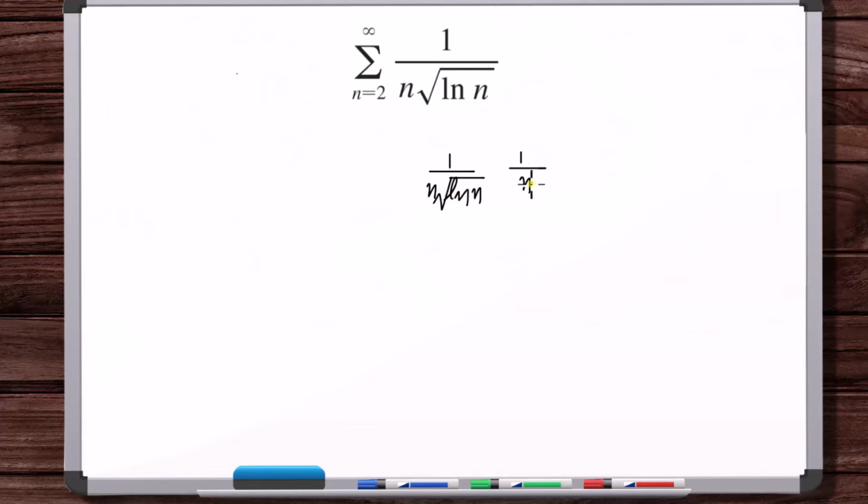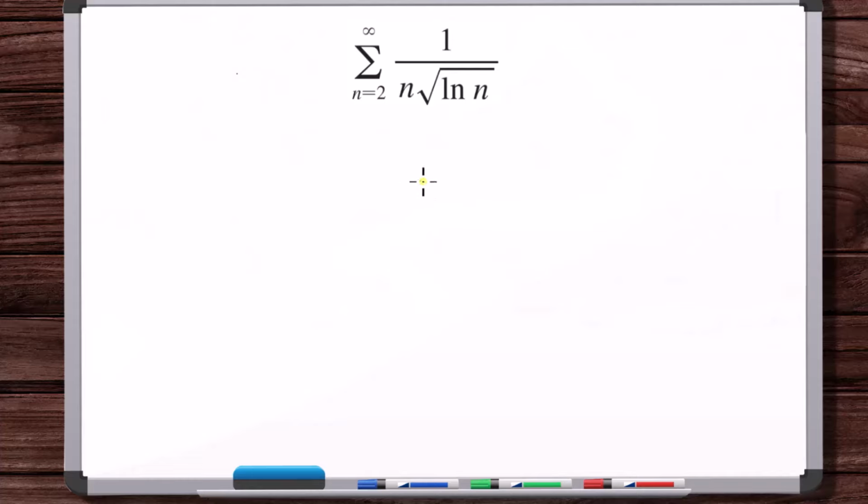So these terms are always going to be smaller. We know this is a p series that's divergent because p is not greater than 1, but this is always greater than this. So that comparison test is inconclusive.